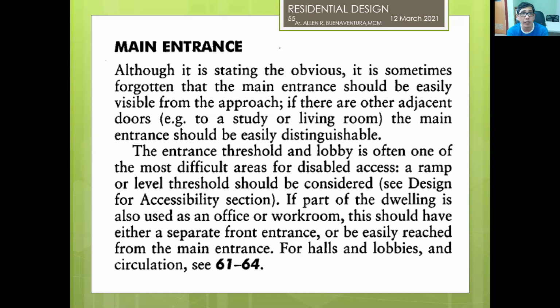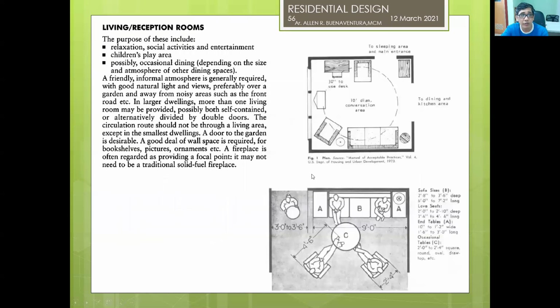If you will be having an office in a residence, you need to provide a separate door for the office, and people should not enter the residence and then go to the office. So there is a separate office door on the front of the residence.